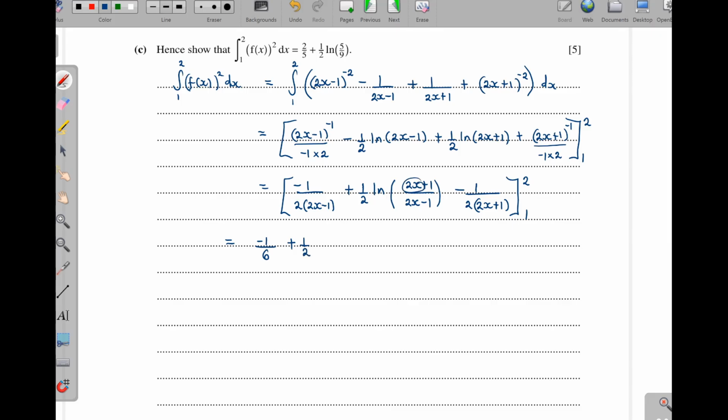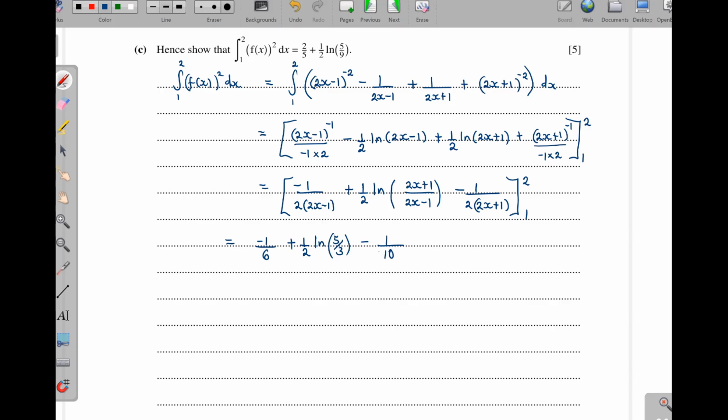Then put a 2 here. 4 plus 1, 5. Then 4 minus 1, 3. So natural log of 5 over 3. You see that? Then minus 1 out of, when we put 2 here, this one becomes a 4. Plus 1, 5. Times 2, 10.